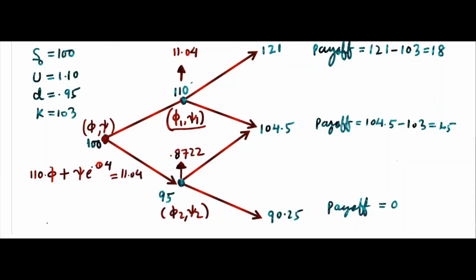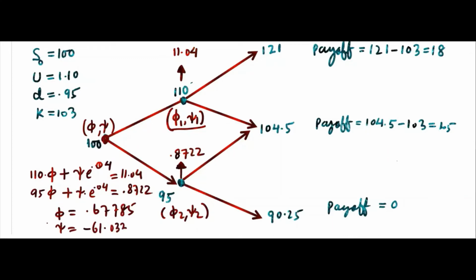This is one equation. The other equation is 95 phi plus psi e power 0.04 equals 0.22. When you solve these two, you will get phi and psi. So phi and psi, let me write here, 0.3306.